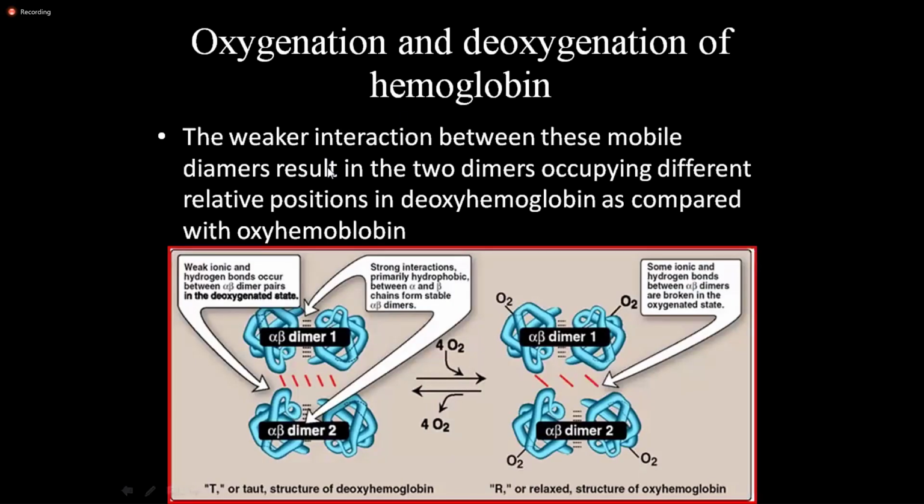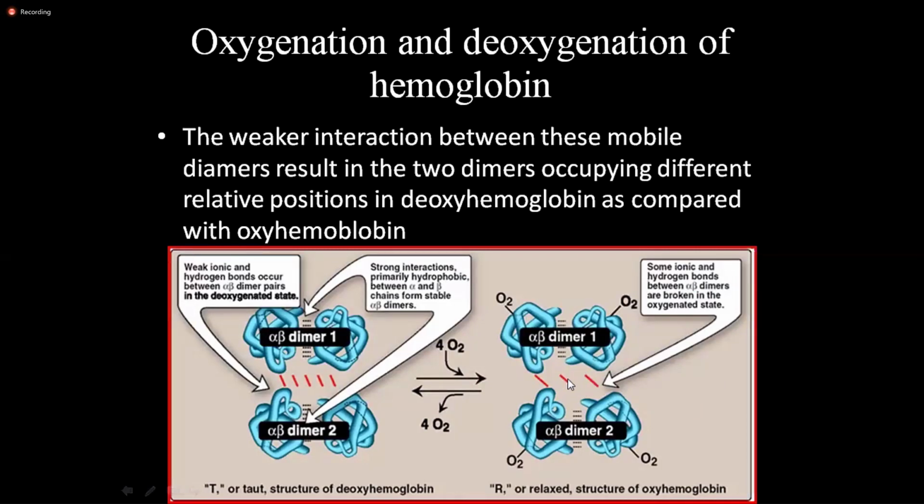The weaker interaction between these mobile dimers results in the two dimers occupying different relative positions in deoxyhemoglobin as compared to oxyhemoglobin. You see here, this is the deoxyhemoglobin form. The structure is a little bit different compared to the oxyhemoglobin structure.